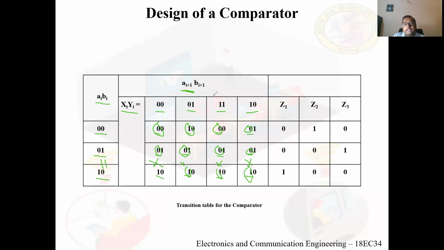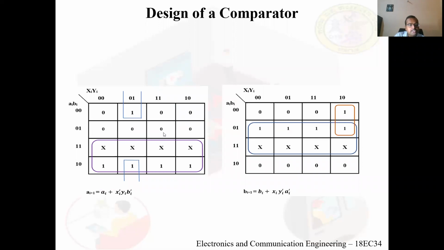Now we'll come up with the next state equation using the K-map for ai plus 1. Substituting the values here, we have 0,1,0,0,0,0,0. As I said, for 1,1 we put xx, which are the don't care terms, and for 1,0 it is 1,1 and 1. Now, how do you do the grouping? Go for maximum grouping. The expression for this group is ai. Then how do you group here?